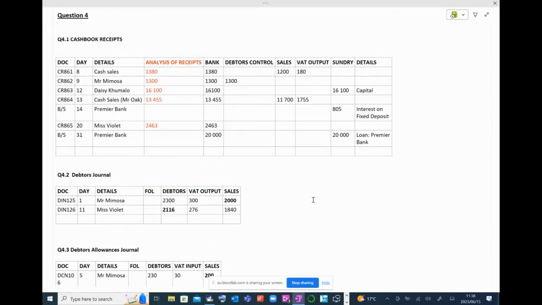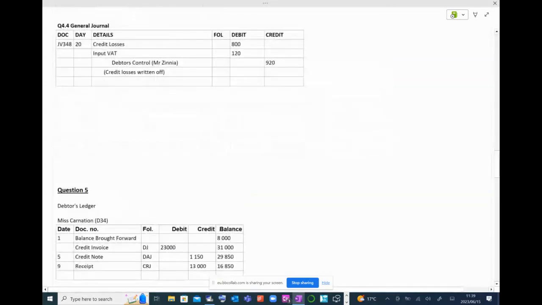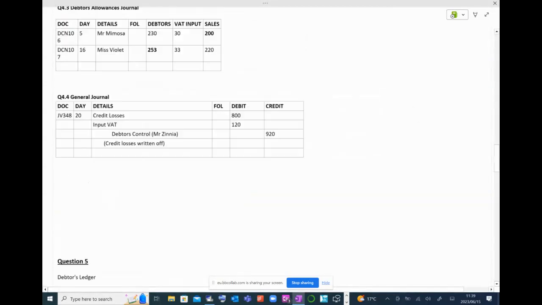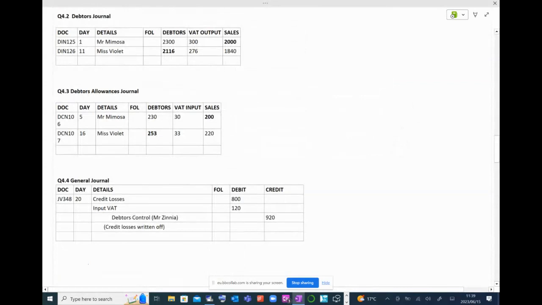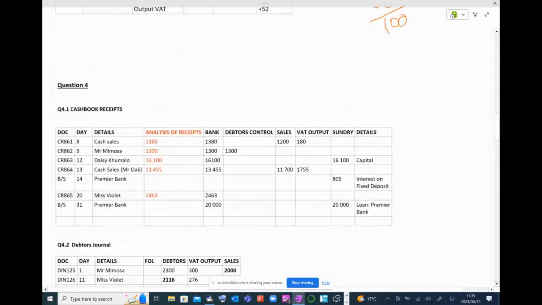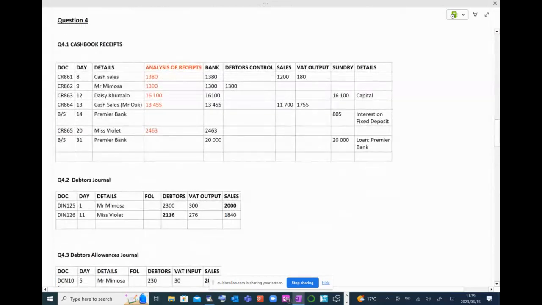In 2022 they asked us for the cash receipts journal, the debtors journal, the debtors allowance journal. And do they ask us for the general journal? They do.